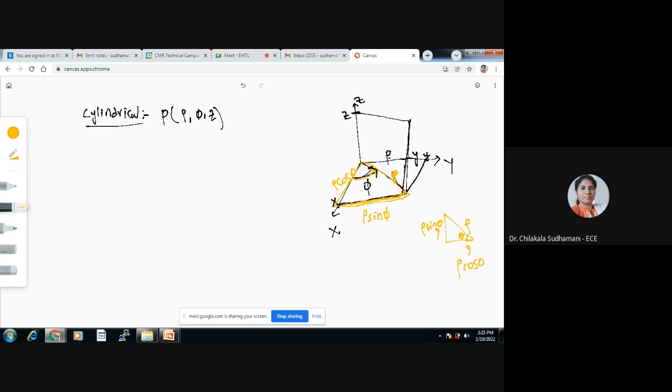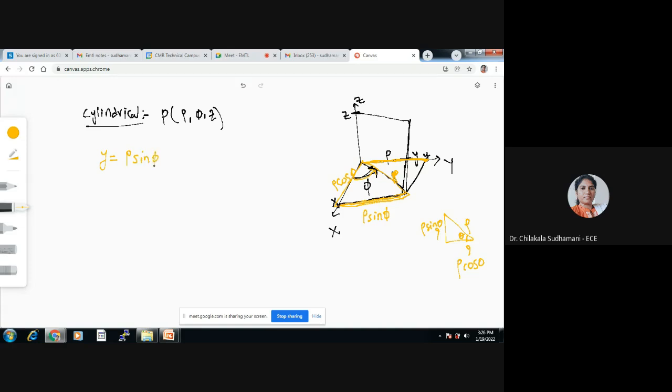Now, this distance, if you observe, is equal to this distance or not? Yes. This length along the y direction is given as y. So y is equal to rho sin phi.